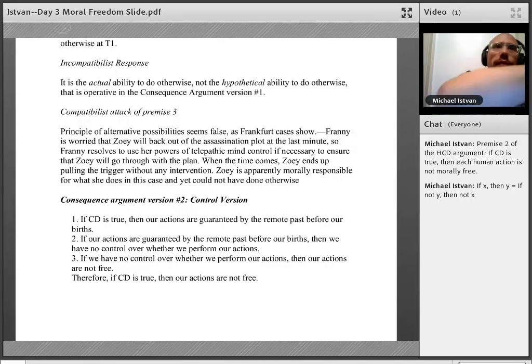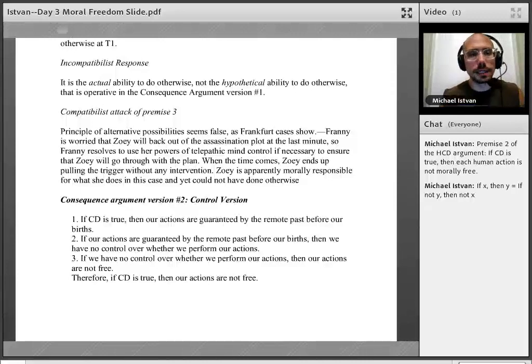In order for me to be doing it freely, there has to be many ways that things could go. But a compatibilist might say, no, no. You could still be doing that action freely, even if there's not really alternative possibilities. In short, the compatibilist might attack the principle of alternative possibilities.